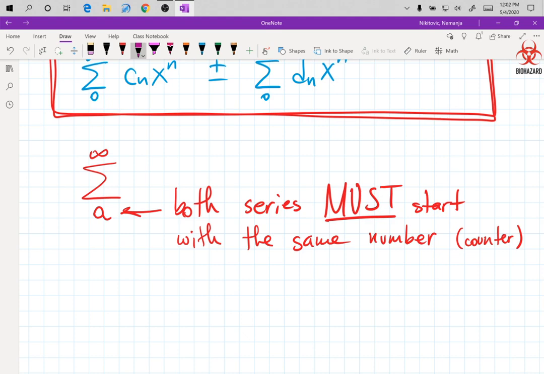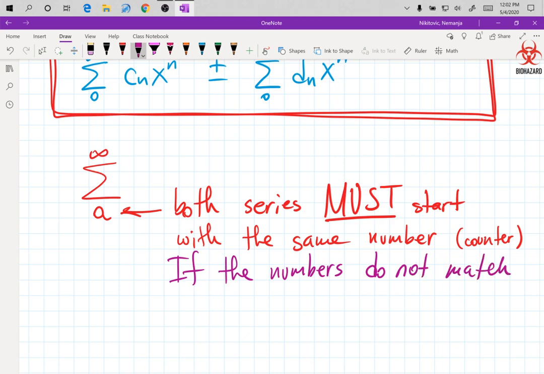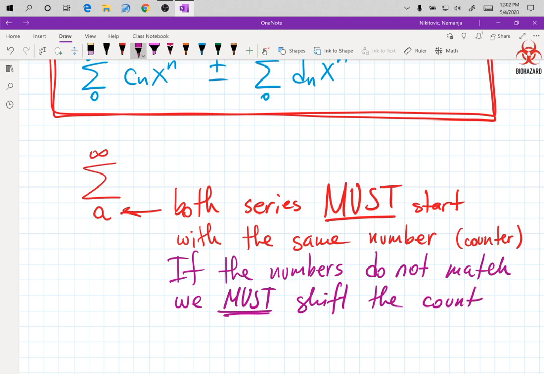So if the numbers do not match, we must shift the counter.